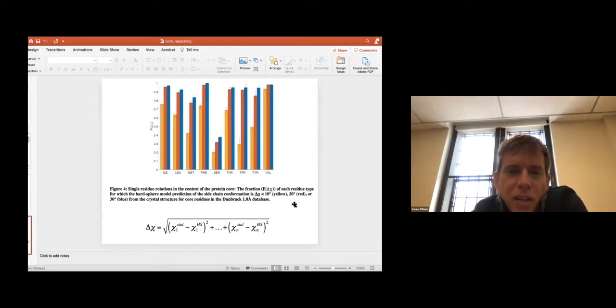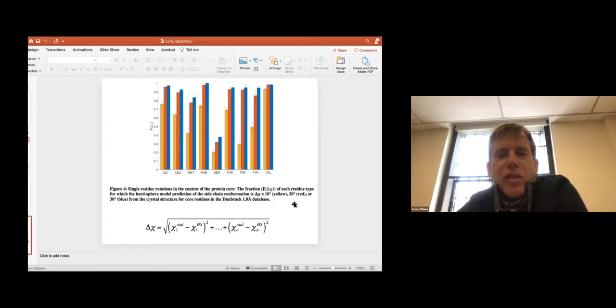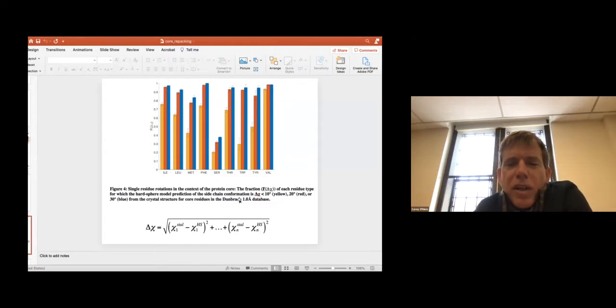So with that, here's another way to show those results. We can take each residue type that occurs in protein cores, say isoleucine, leucine, methionine, etc. We look at those residues in protein cores, and we generate a prediction from this hard sphere stereochemical constraint model.